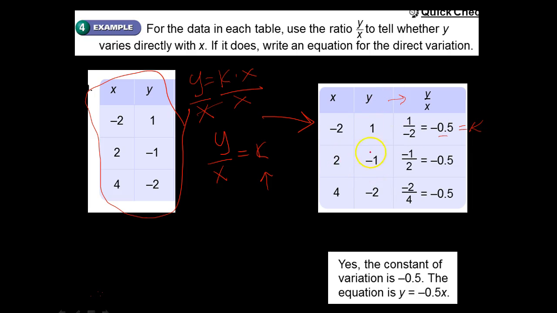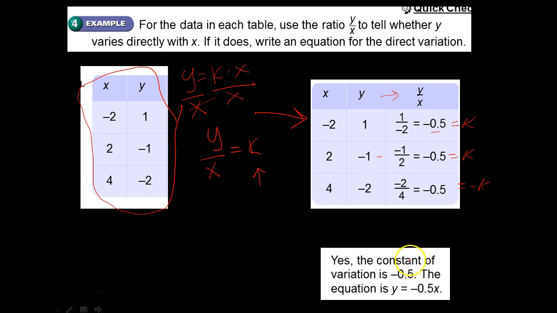Here, my y value is -1, that goes on top. K is 2. And -0.5 is my k again. Same here, -2 divided by my x, which is 4, equals -0.5. So yes, the constant of variation, my k, is -0.5, so the equation is this, and since all my k values here were the same, it is a direct variation. If my k values were not the same, it would not be a direct variation.